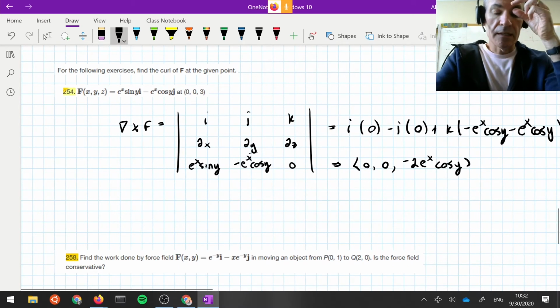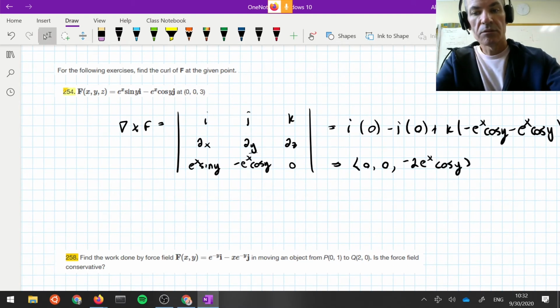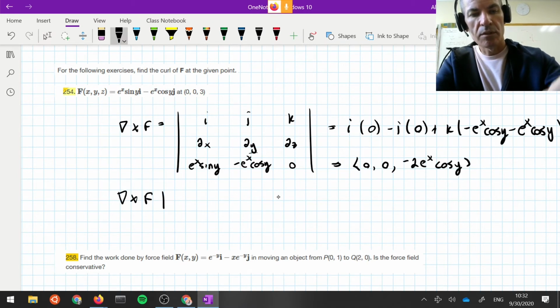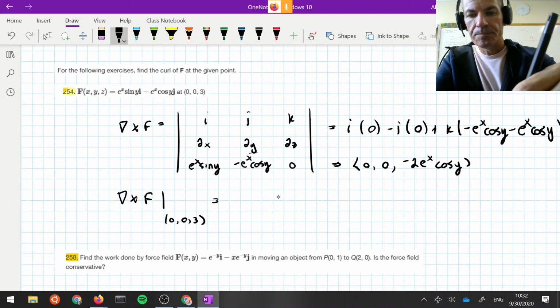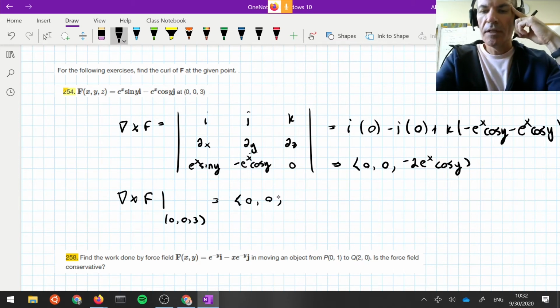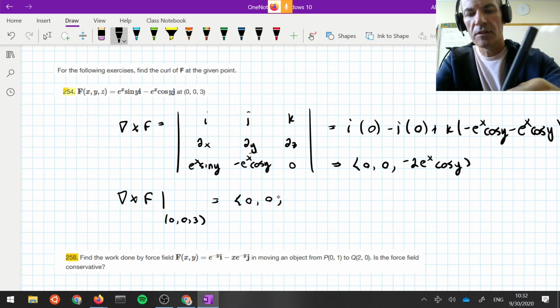Now we want to evaluate this at 0, 0, 3. That means taking the curl and plugging in 0 for x, 0 for y, 3 for z. Doing so, we get 0, 0. Plugging in 0 for x in e to the x gives me a 1, 0 for y in cosine gives me 1, so that nets out to negative 2.